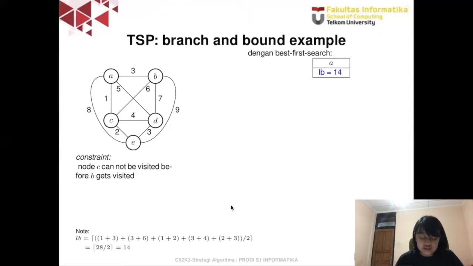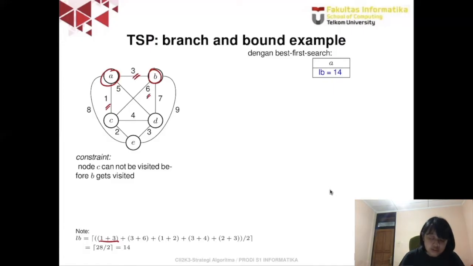So here, let's say we have A as the initial node, and the lower bound will be the sum of the two lowest weights for each node. So for A, the lowest weights are 1 and 3. So we have this. And for B, the lowest weights are 3 and 6.